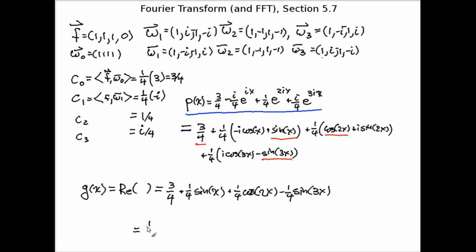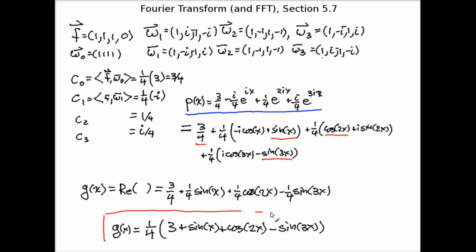And I'll simplify that by writing g of x is equal to 1/4 times 3 plus sine of x plus cosine of 2x minus sine of 3x. So that is our approximation to the function given via the Fourier transform.